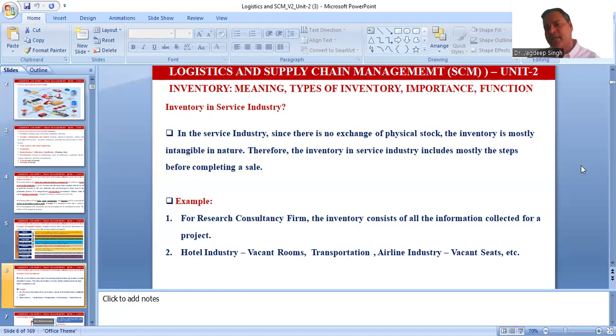In the airline industry, if seats in the aircraft are vacant, that is also one of the inventory, right? And that is perishable. If the flight takes off and some seats are vacant, that will be perishable, so it cannot be utilized, right? So it will be a loss for the company.